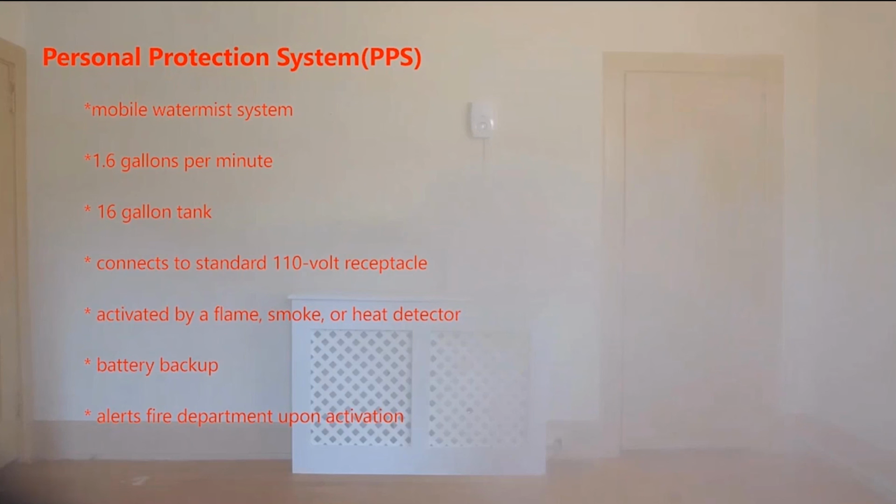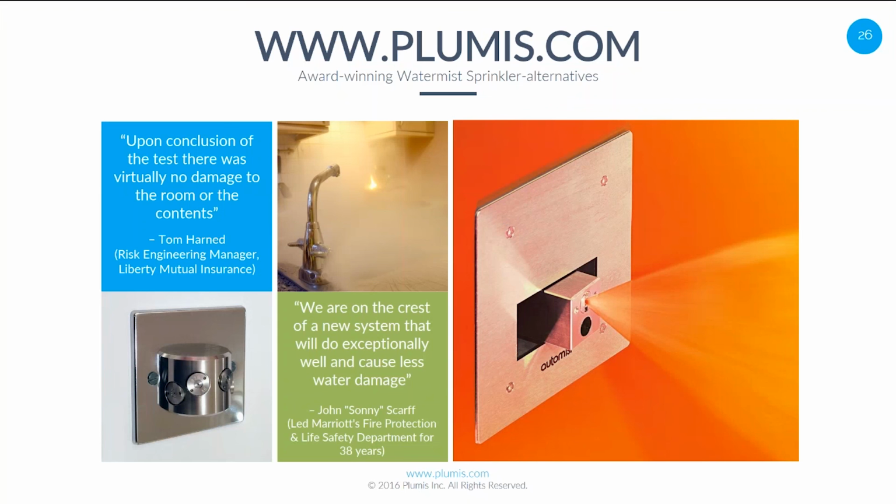So it's completely portable and completely reusable, which is a great aspect of this technology. And this is only one of the systems that Automist has, but it particularly deals with this high-risk home health care hospice type of environment.